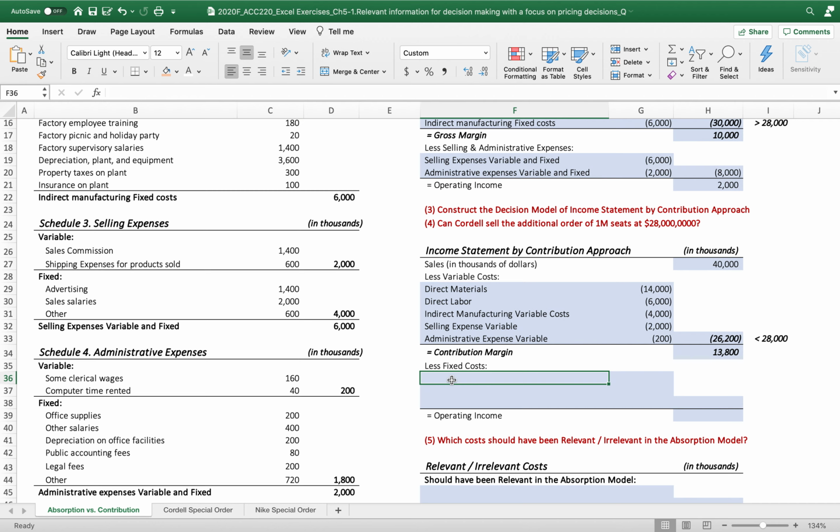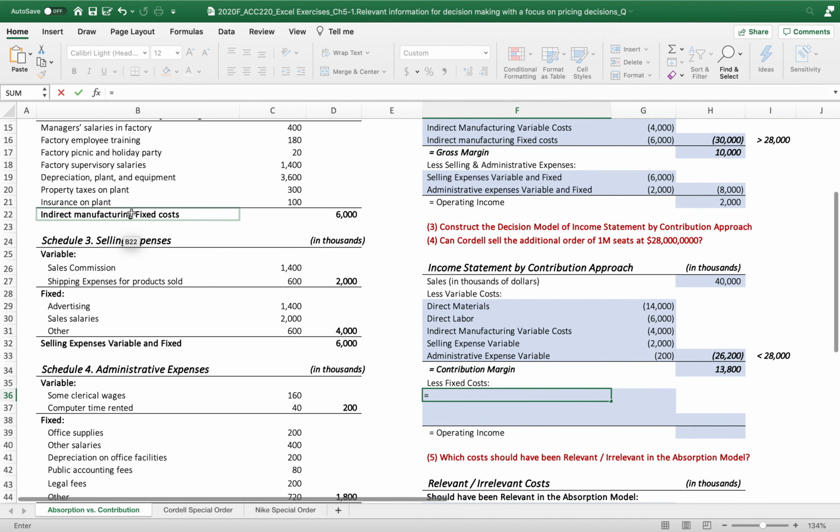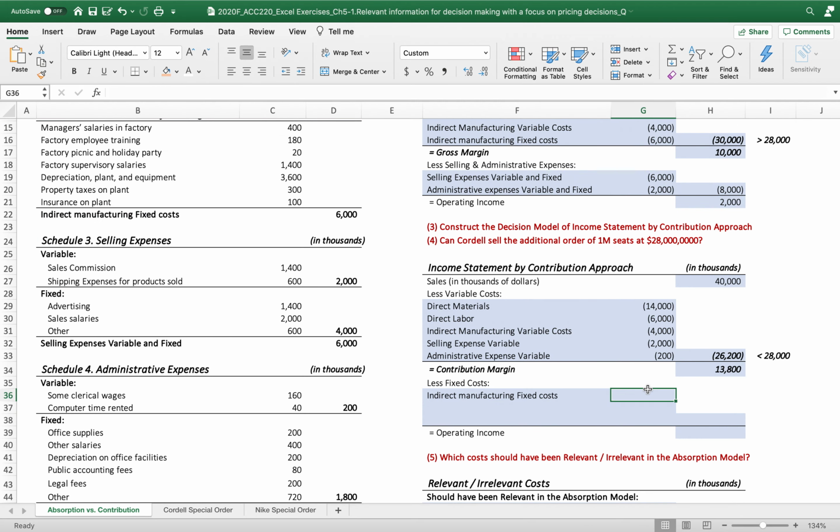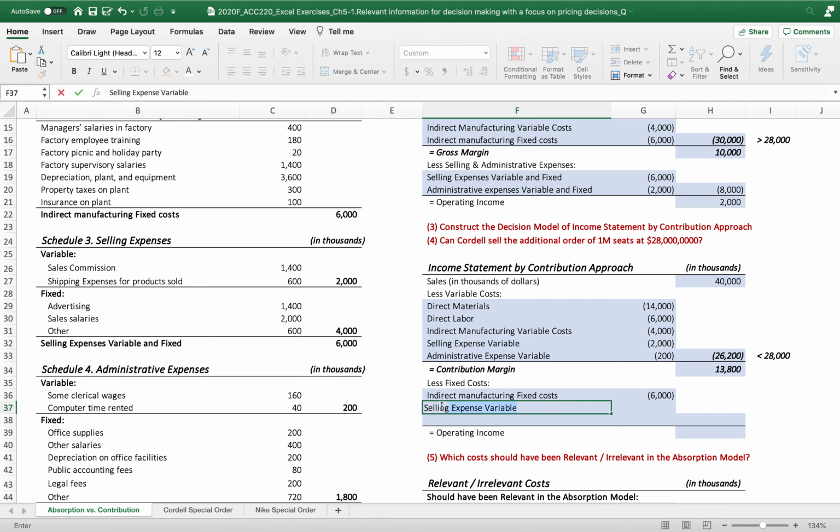So the fixed cost, which is irrelevant information, now I'm taking only fixed cost. Indirect manufacturing cost, $6 million. And then where is the fixed cost? Only the fixed cost, right? Here the selling expense, now fixed cost. Where is the fixed cost? Here we go. 4,000 advertising, sales, and salaries, minus 4,000 out of 60.